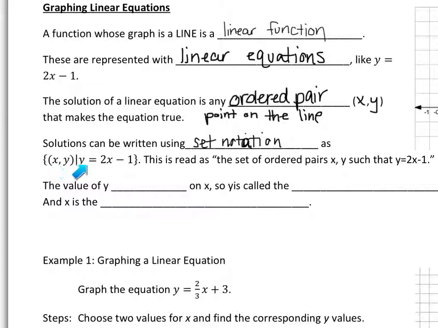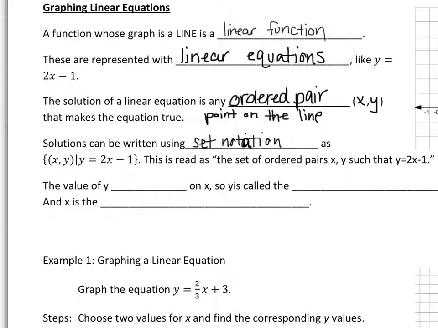You read this as the set of ordered pairs x, y such that, that line means such that, y equals 2x minus 1. So it basically means any x and y that makes this thing true. Okay, that's set notation. We really and truly don't use it, but I wanted you to see it.